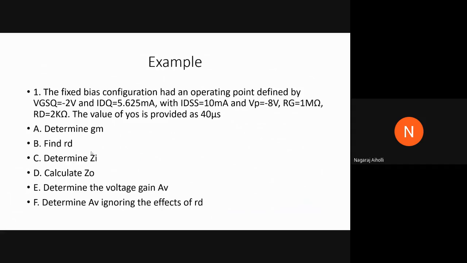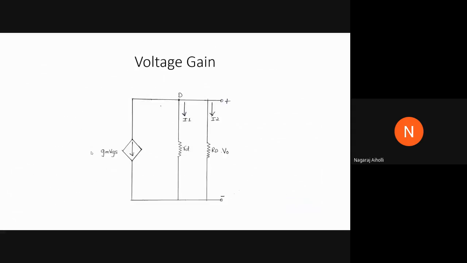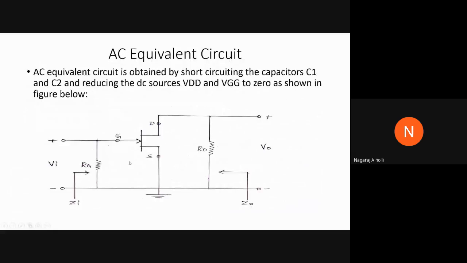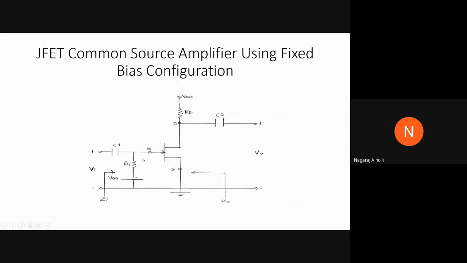The given circuit is the fixed bias configuration. So RG is given as 1 mega ohm and RD is equal to 2 kilo ohm in the given example.